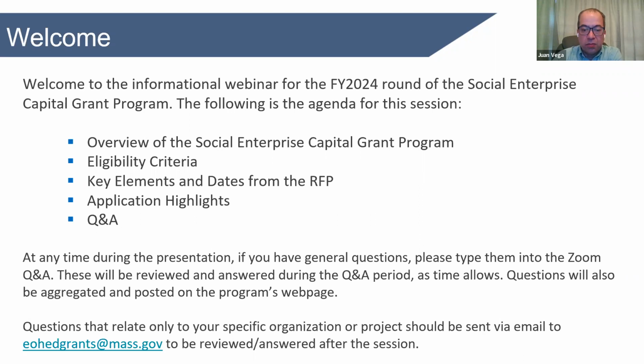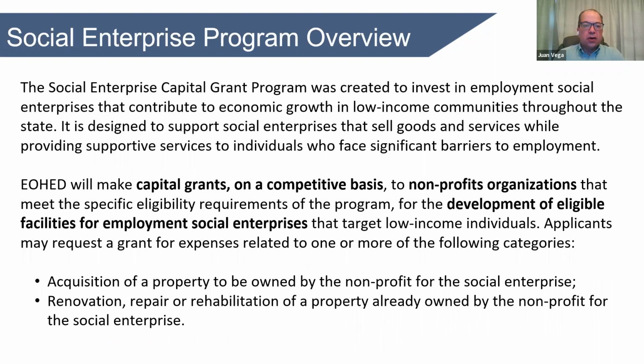We absolutely invite you to submit those questions through the Q&A function here. What we ask is if you do have questions that are specific to your organization or very specific to a project, that you please submit those via email to eohedgrants@mass.gov.